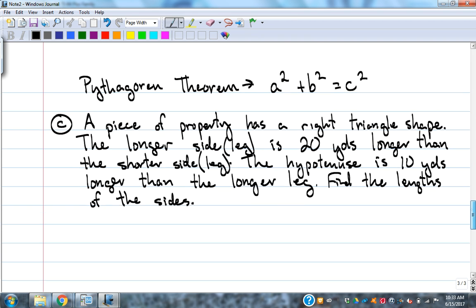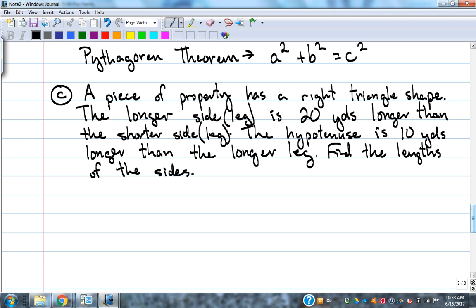So, it's a word problem. It's talking about a right triangle. I'm going to draw a right triangle. That's going to help. Remember that little box in the corner means that's where the right angle is. It also helps you know where the hypotenuse is. It's that slanted side there.